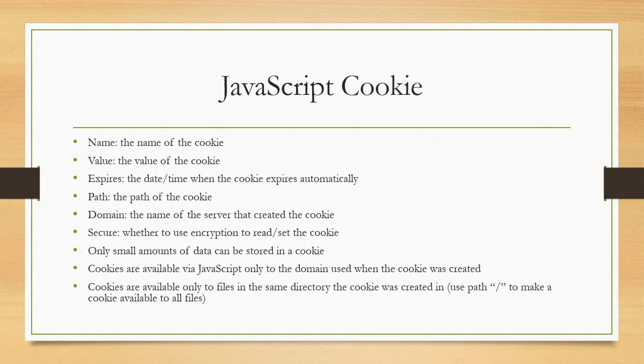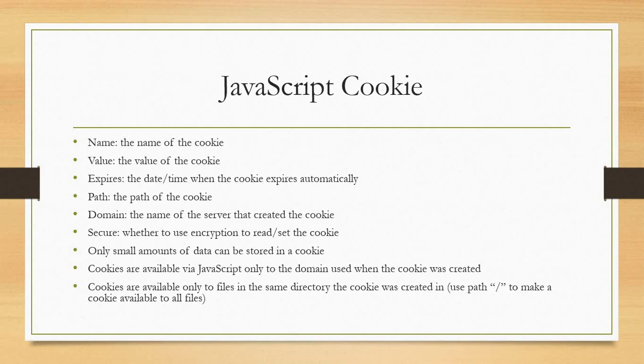Within a JavaScript cookie, we have a name, a value, a potential expiration, a path of where the cookie is, a domain of where the server that created the cookie is, and security, whether encryption is used to read or set a cookie. Small amounts of data are stored within a cookie.